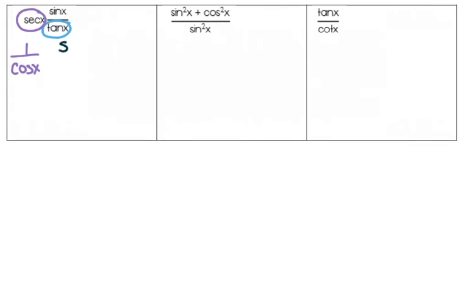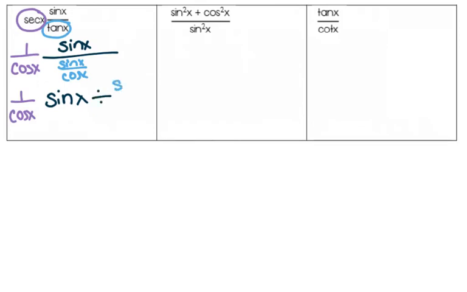I can rewrite secant as 1 over cosine. And then I have sine x divided by, and I can rewrite tangent as sine over cosine. So let me rewrite this a little bit differently. We got this part in purple. We got sine, and it's being divided by sine over cosine. So once again, we have some division of fractions going on.